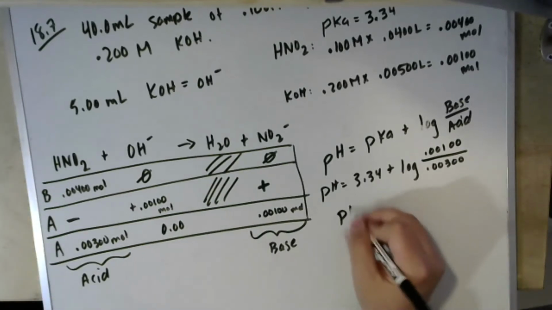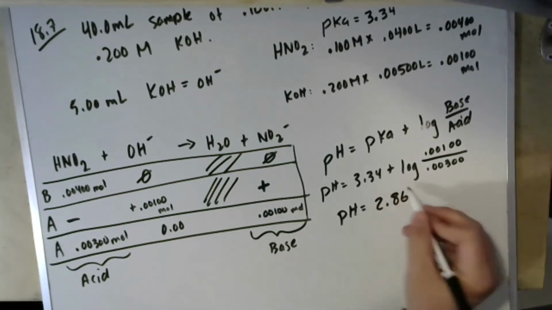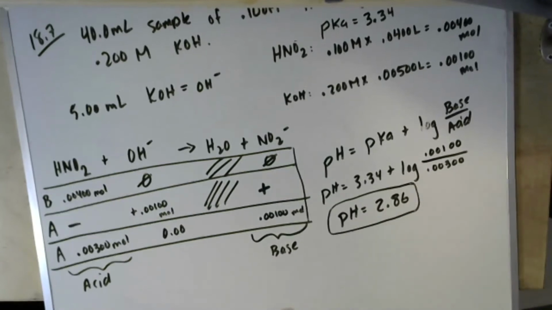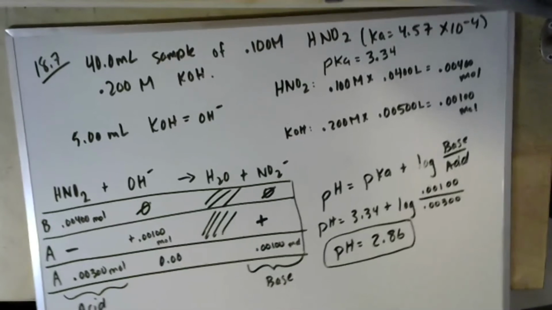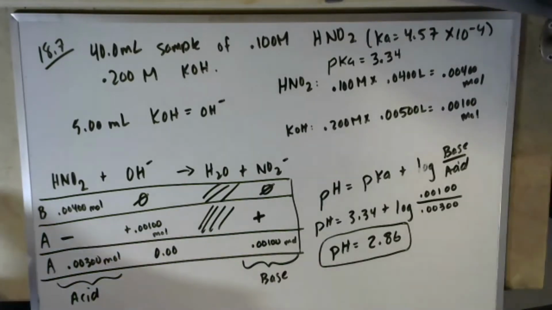So we end up with the pH value of 2.86 after we added 5 milliliters of the potassium hydroxide. Okay, so hopefully that makes sense. All right, let's look at the next question.